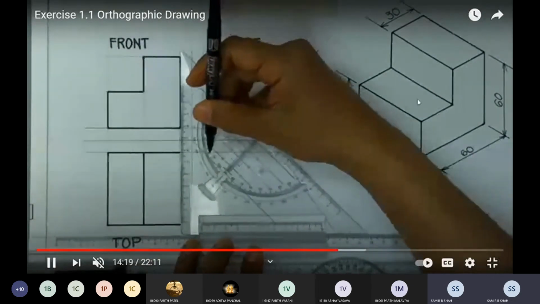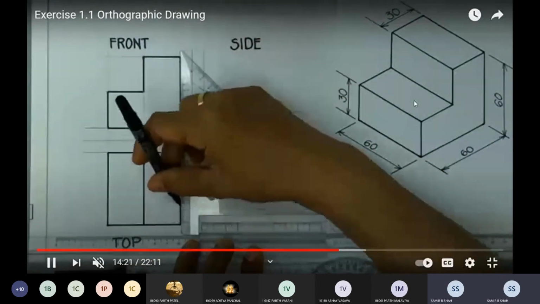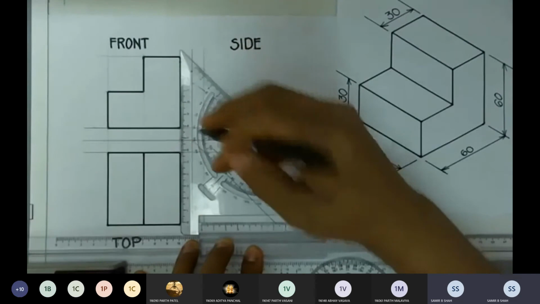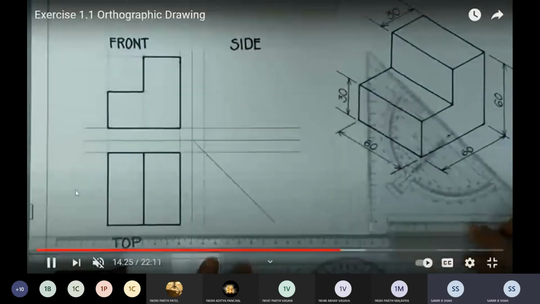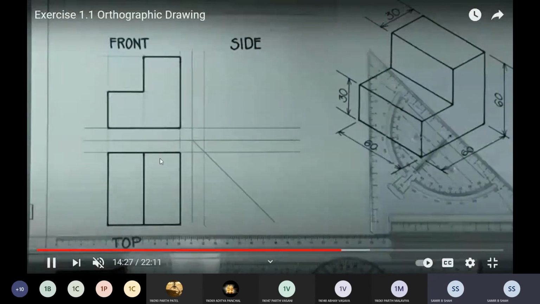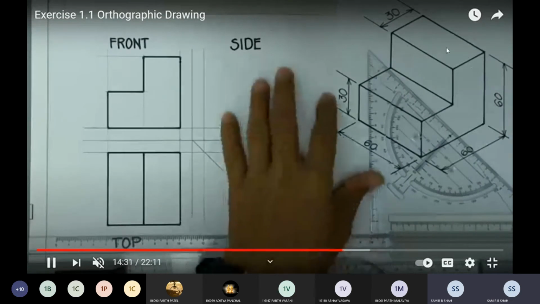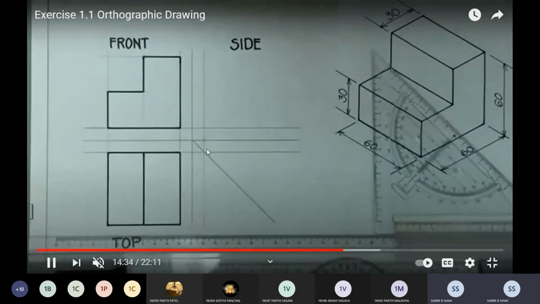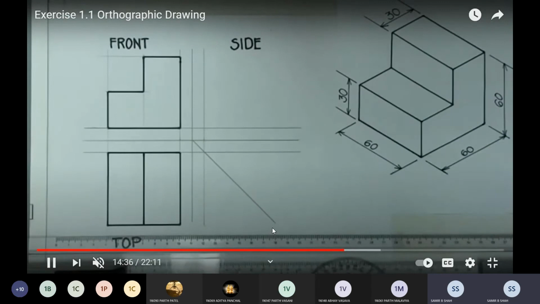It means one rectangle and another rectangle. Okay, that may be kept here, right? So you can just see, as I discussed, two lines and both the one rectangle and another rectangle. Now from the XY line, we draw one 45-degree line.